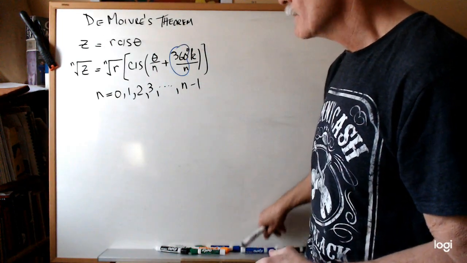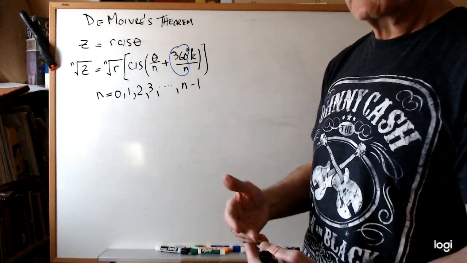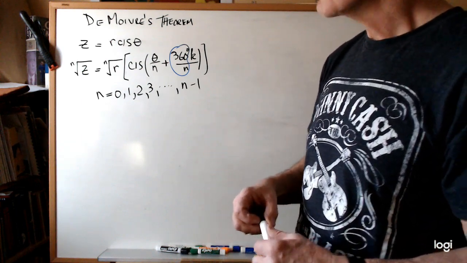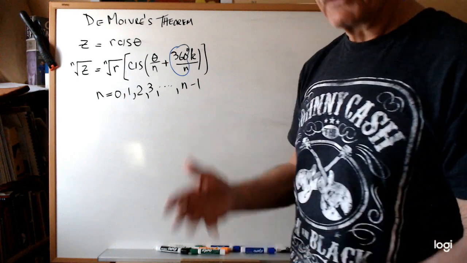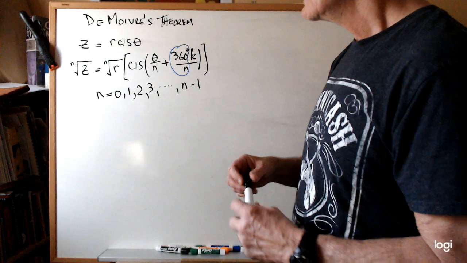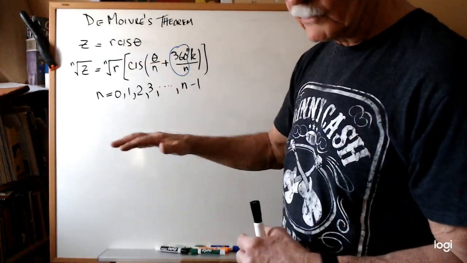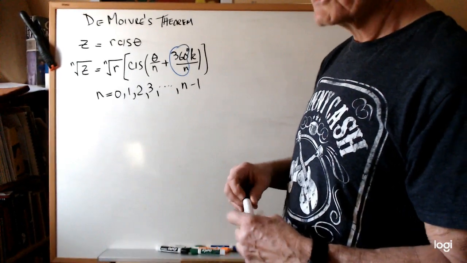So what happens is we end up getting n distinct complex roots. If we're taking a 3rd root, we get 3 distinct complex roots. If we're taking a 5th root, we would get 5 distinct complex roots.